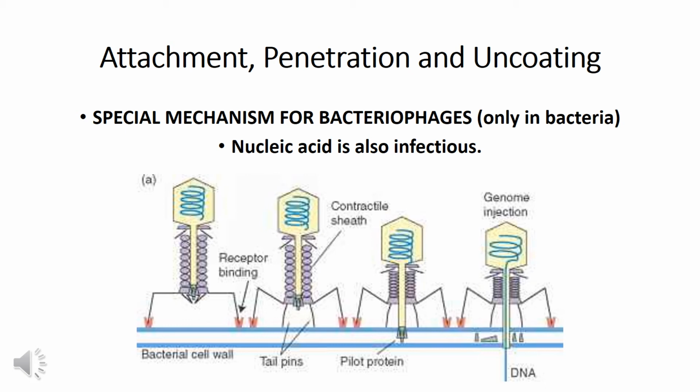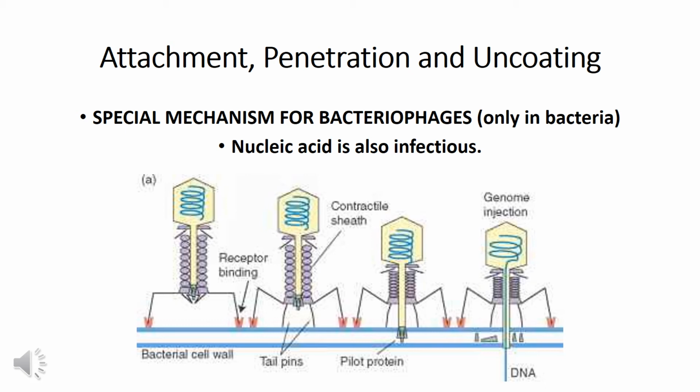Here is another important thing about attachment and penetration. In bacteriophages, those viruses which cause infection in bacteria, just the viral genome enters into the cell. Structural protein remains outside of the cell.